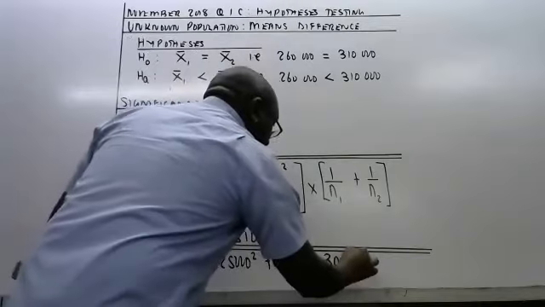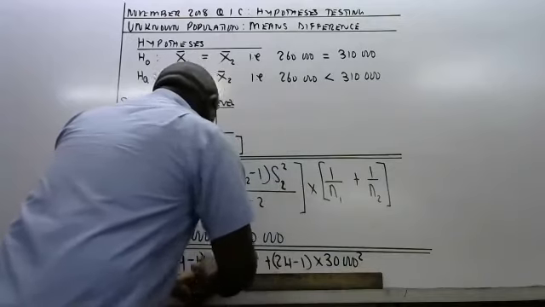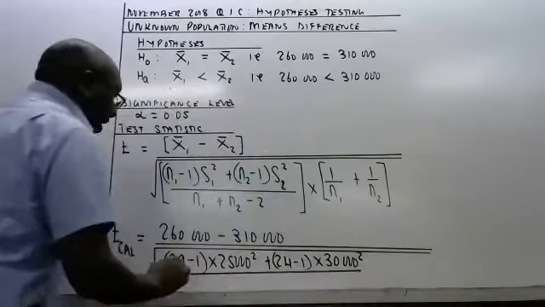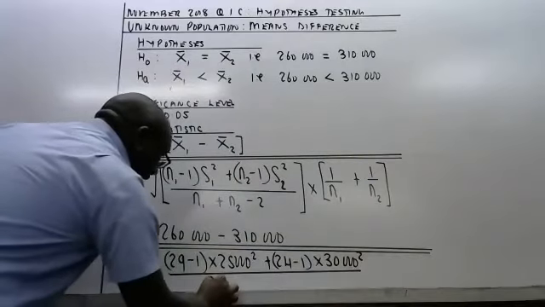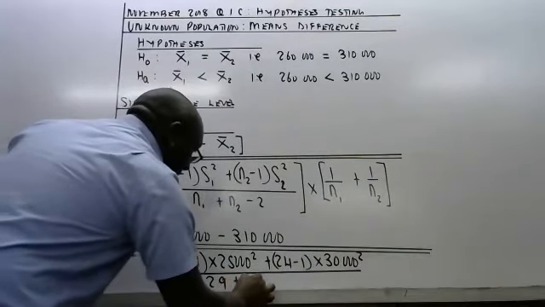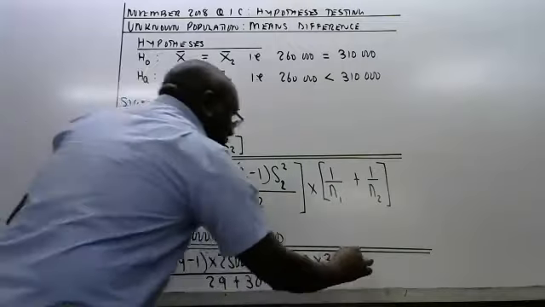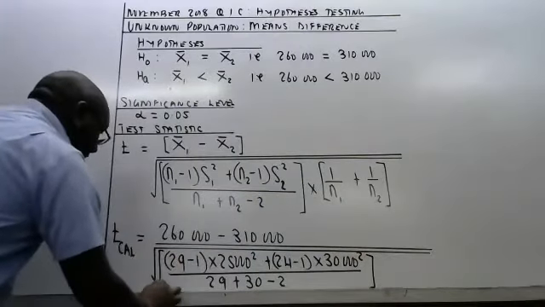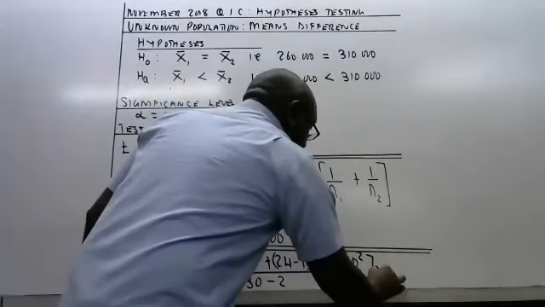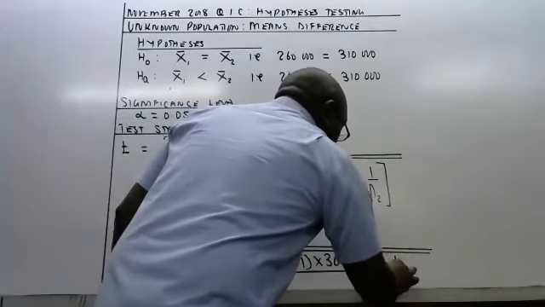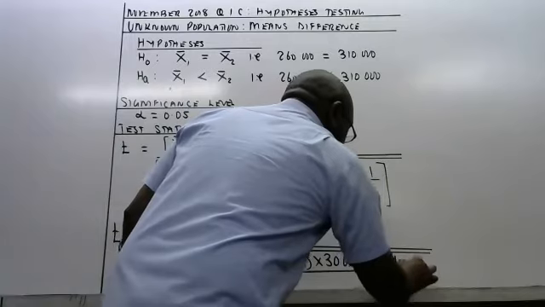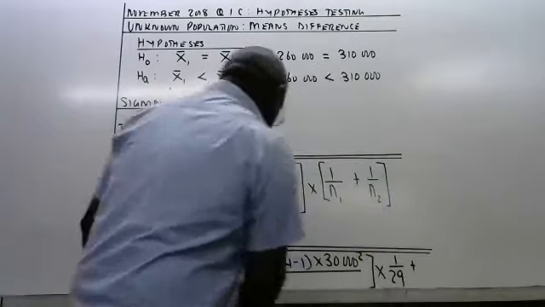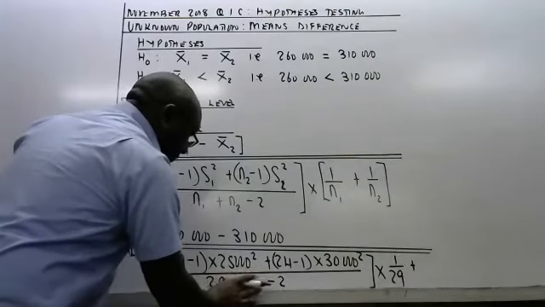Then you square this. Now all this, you are dividing by 29 plus 30 minus 2. You put it in brackets like this. Then you say times 1 out of 29 plus 1, sorry, this is 24.